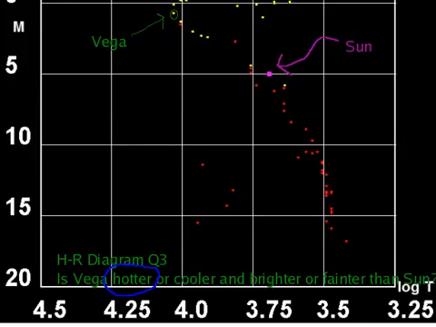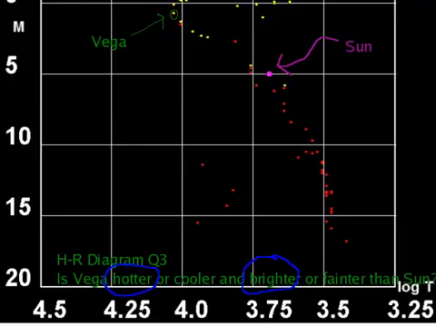So Vega's absolute magnitude is smaller than the sun's, but that means it has a higher energy output. Since we're plotting absolute magnitude, that means it really is brighter than the sun.